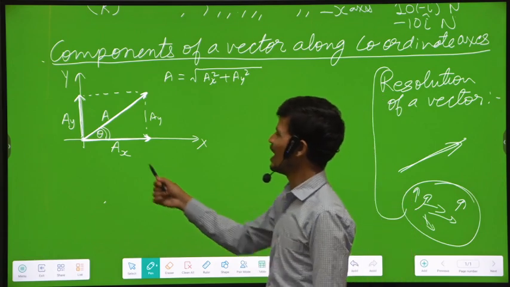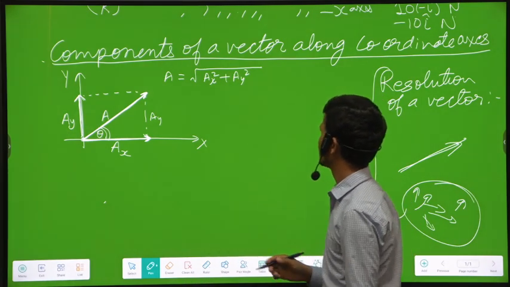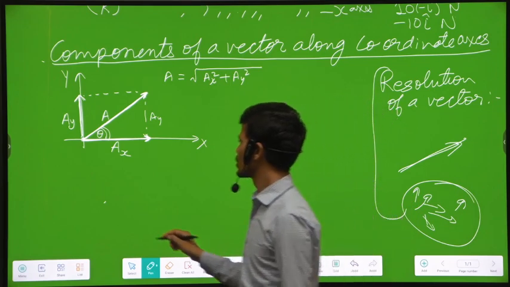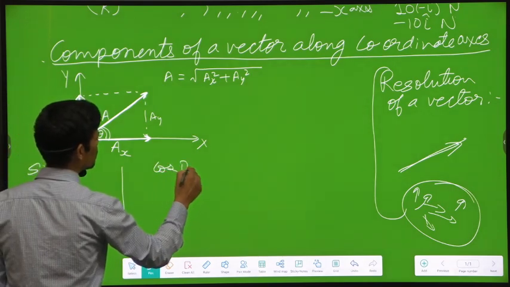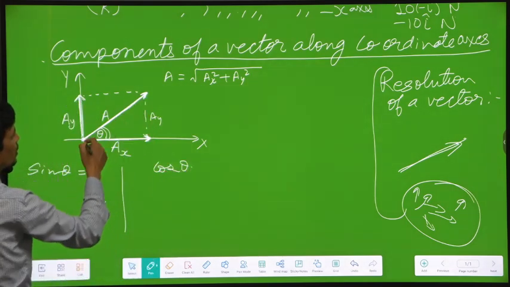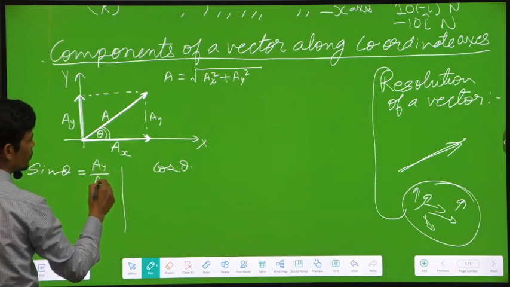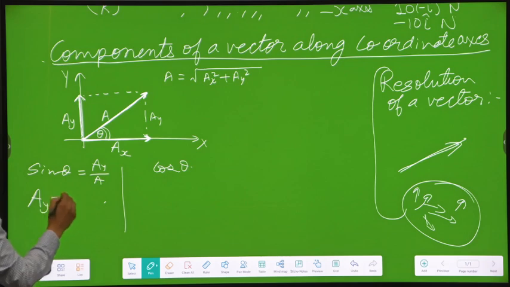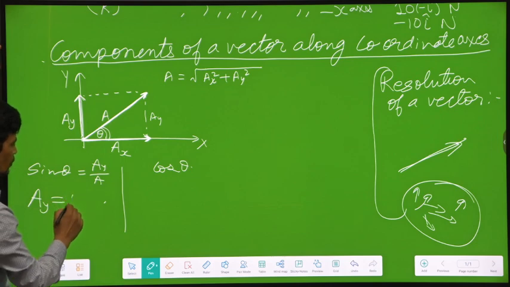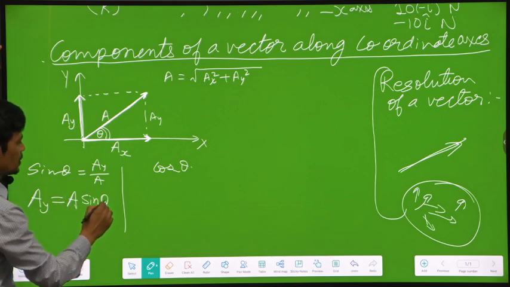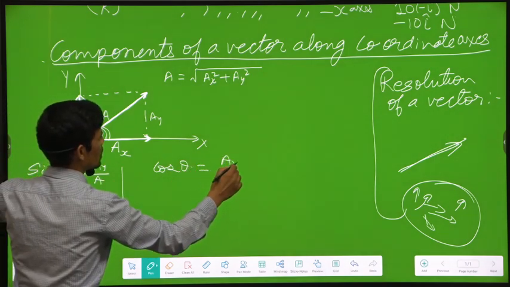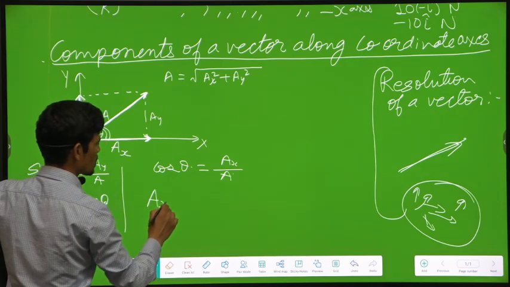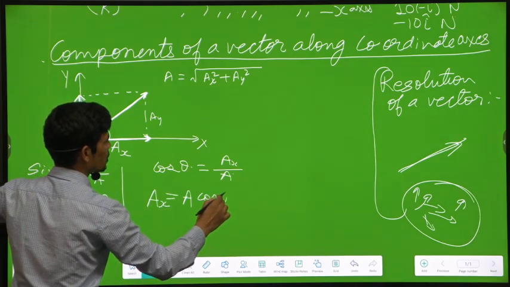But what is this ax all about? Now we will take a little bit of help from trigonometry. So can we find sine theta and cos theta? So sine theta is ay by a. So from here we can say this y component according to this situation will be a sine theta, and here cos theta is ax by a, so this ax is equal to a cos theta.